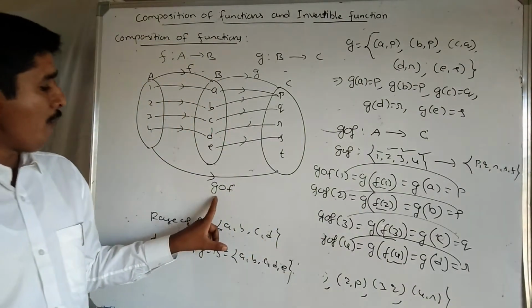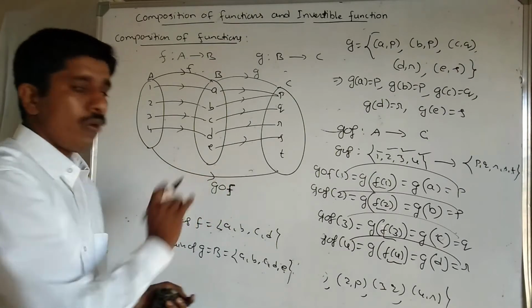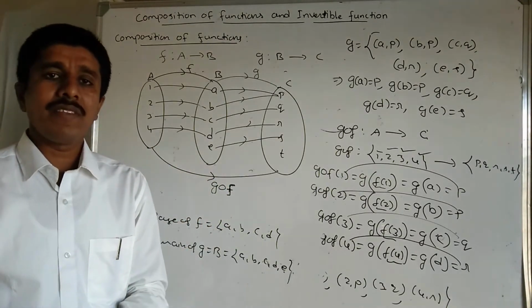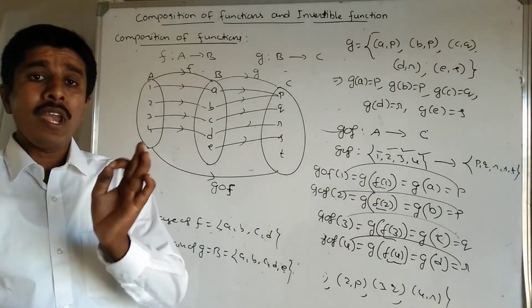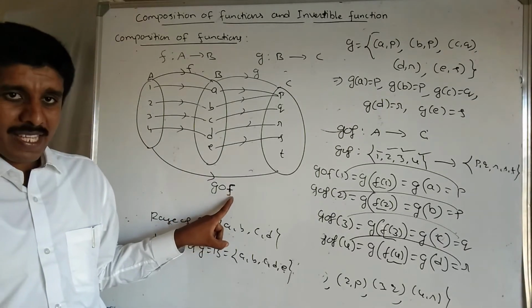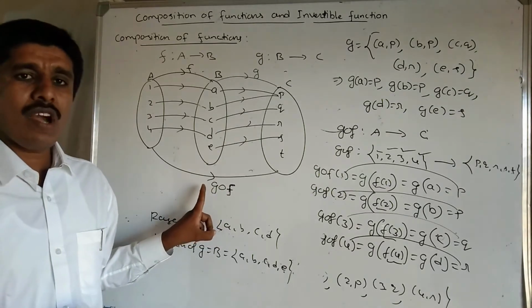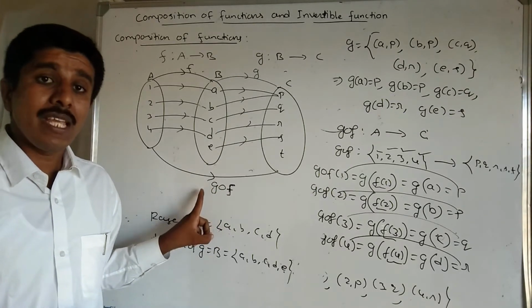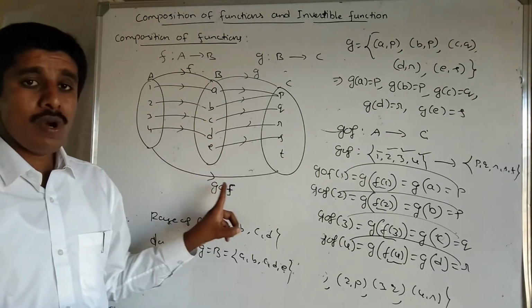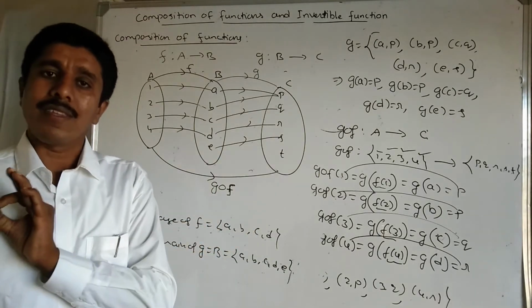So the composition function GOF is defined only when, mind it, the range of F is a subset of the domain of G. Then your GOF will be defined, otherwise not defined.